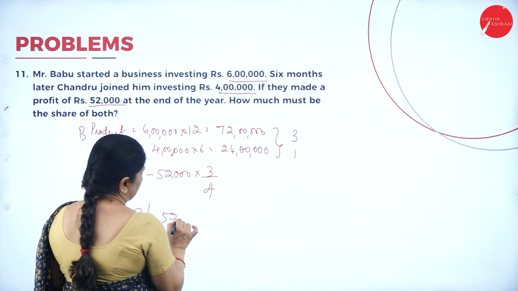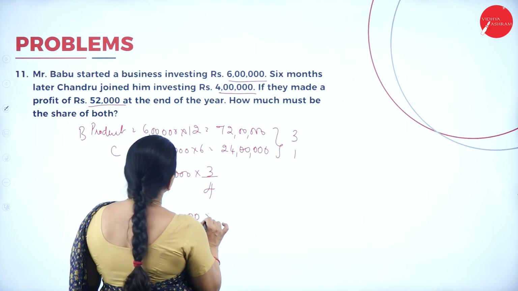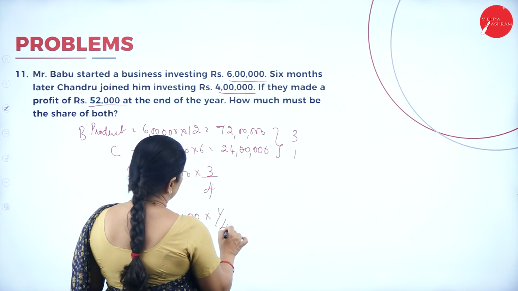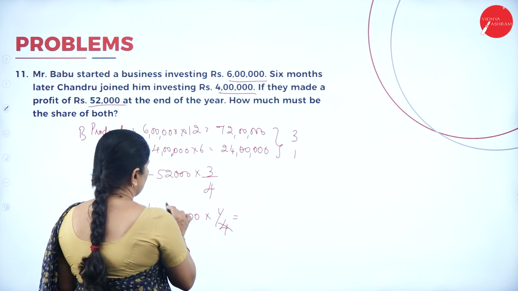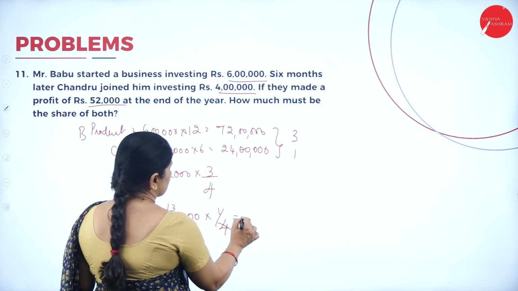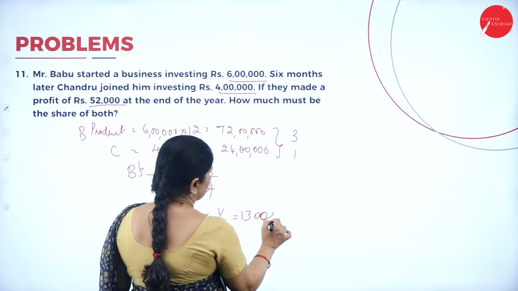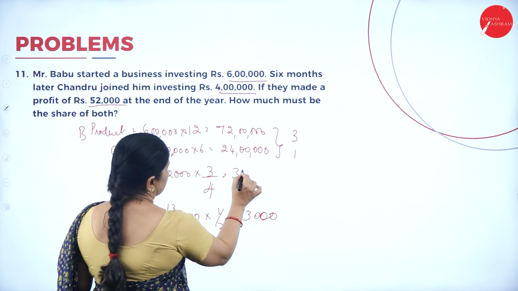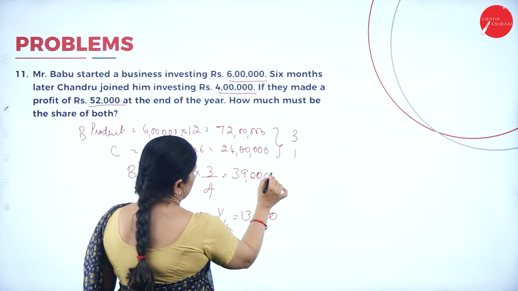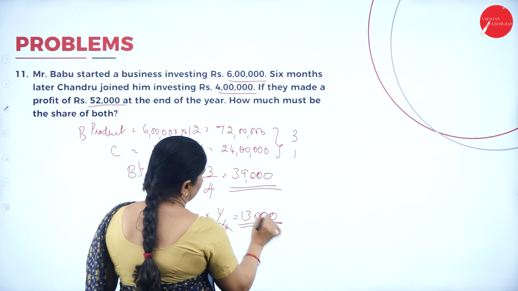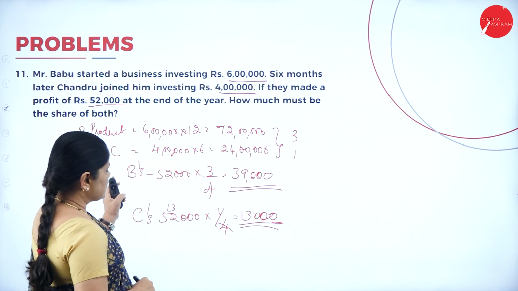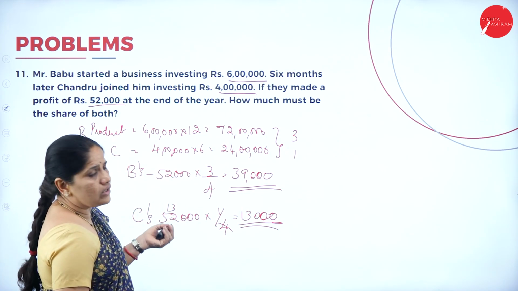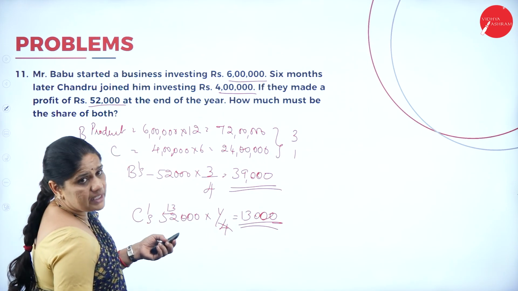Now C's share will be 52,000 into 1 by 4. When we simplify this, C gets 13,000 and B gets 39,000. So we have divided this 52,000 based on B's and C's investment and also considering the time of investment.